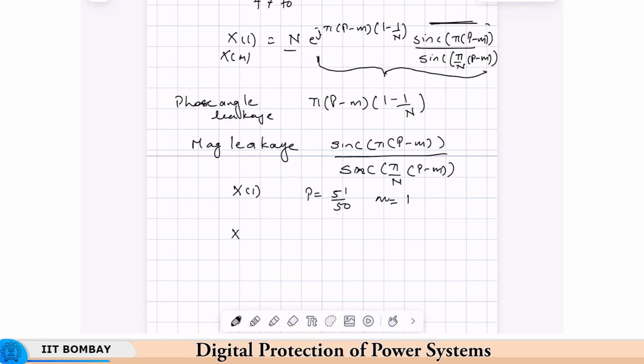If it was 50 hertz, we will just name it X at 50. So that is 12, and X of 51, at 51 what do we have?